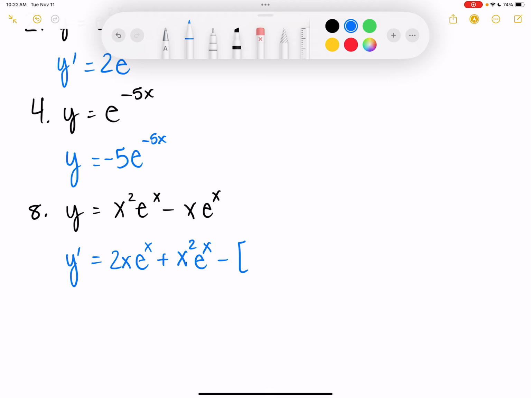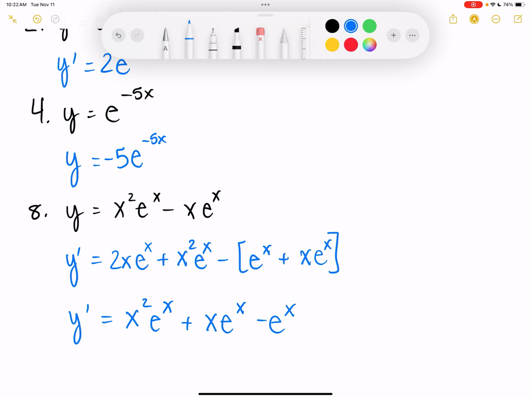So the derivative of the first is just 1, so I have e to the x, and then plus x e to the x for that, and then I just need to simplify it if I can, which it looks like the only thing I can simplify is the 2x e to the x and the x e to the x, so that would be, let's see, I've got x squared e to the x, and then 2x e to the x minus x e to the x, with that minus sign out there, would just be plus x e to the x and then minus e to the x by itself.